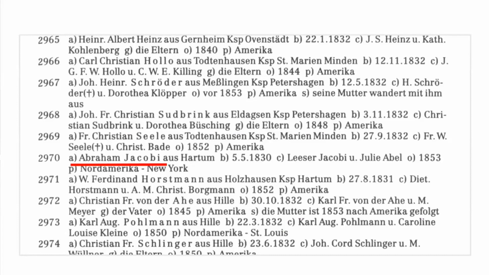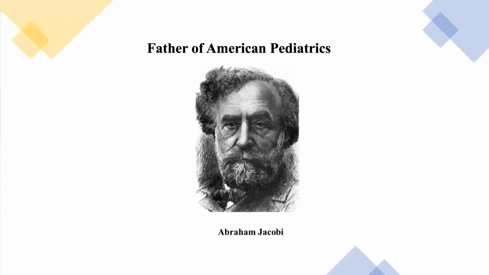His father is Laser Jacobi, and his mother is Julia Abel. At this time, Abraham was a medical student. He joined the revolution, was arrested and imprisoned. When released from prison, he fled the country without permission. In America, he went on to become the father of American pediatrics.